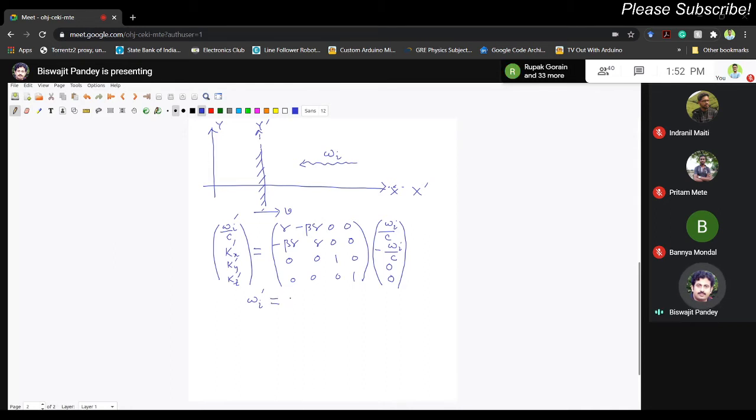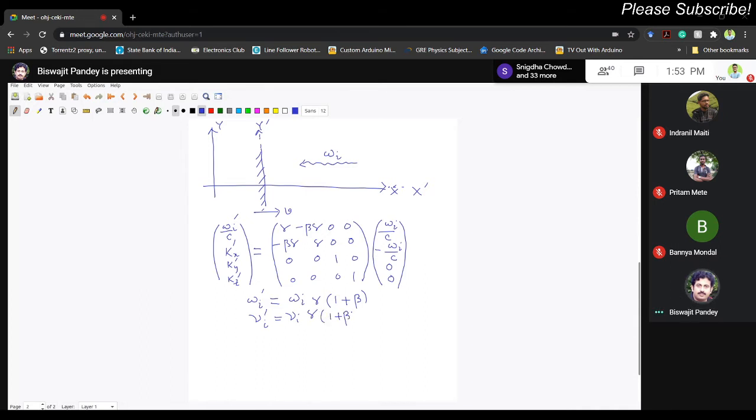Omega I prime will be omega I, and gamma is the first factor, and then we will have 1 plus beta. Minus minus becomes plus. So gamma into 1 plus beta. This is the frequency in the moving frame. If you want to write it in terms of nu, nu I prime will be nu I into gamma into 1 plus beta.